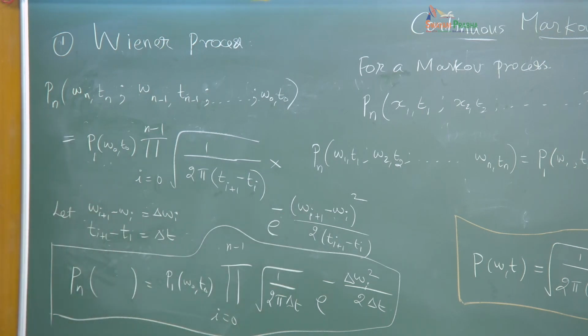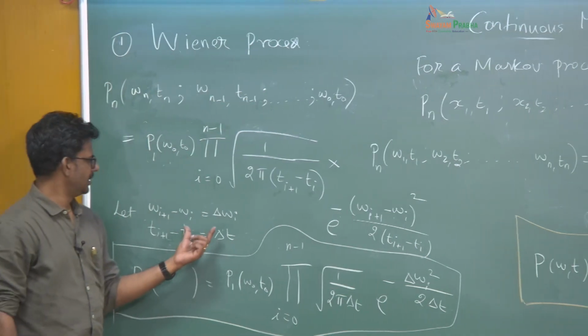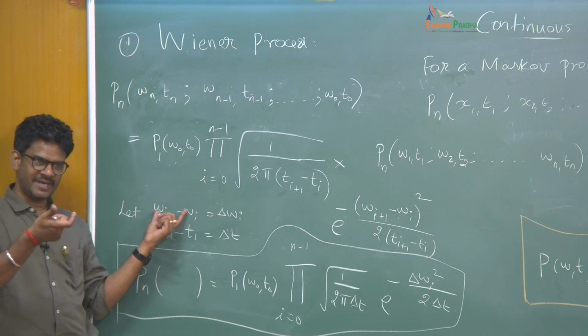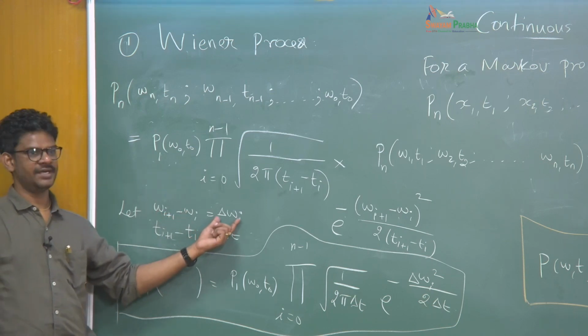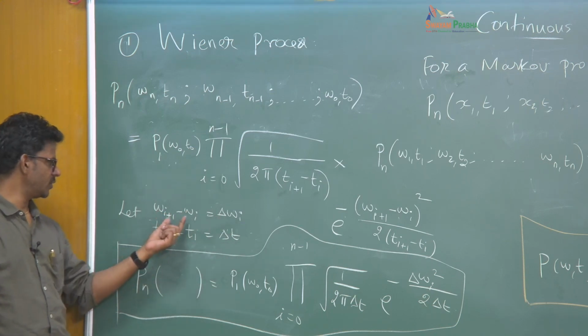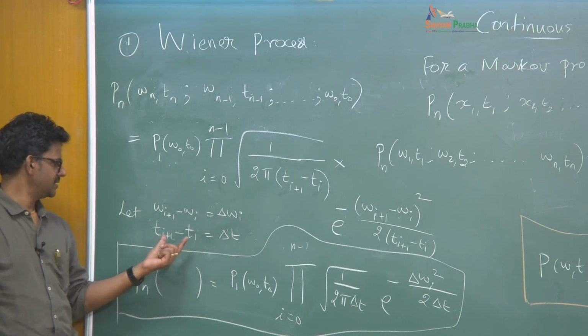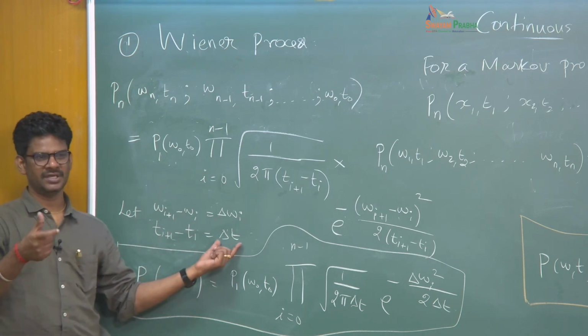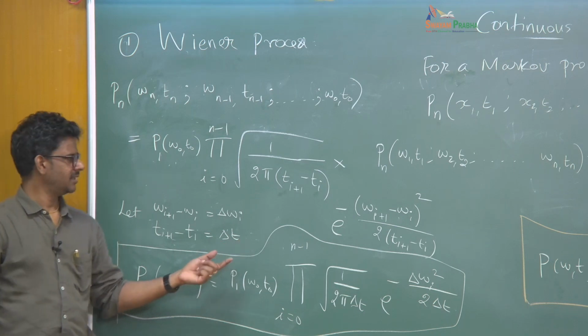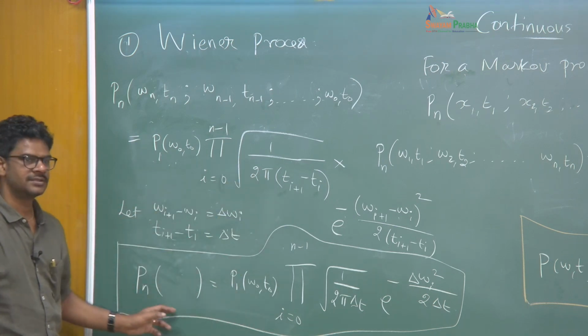Okay, now suppose you define the subsequent displacements as delta w_i, that is, w_{i+1} minus w_i is delta w_i. Similarly, if you consider the time step to be a constant time interval, then this equation can be written simply as this.